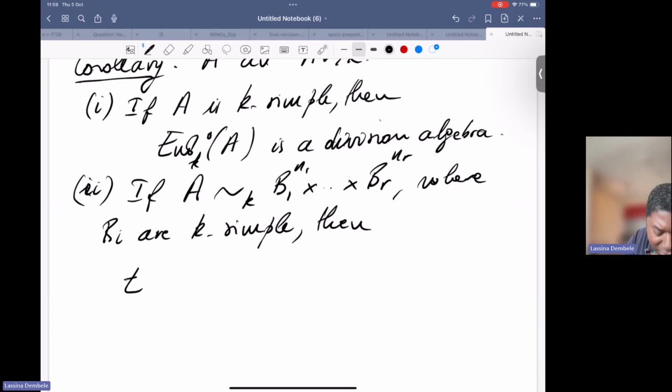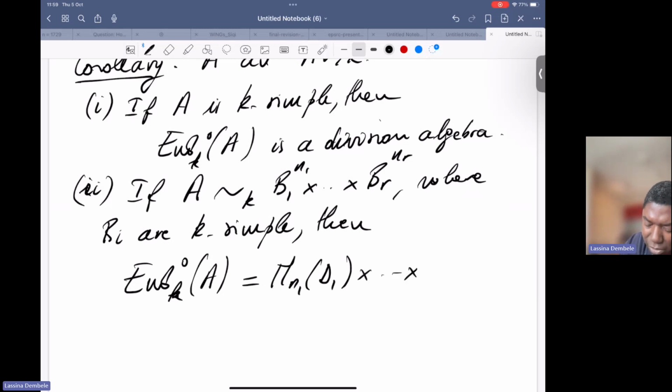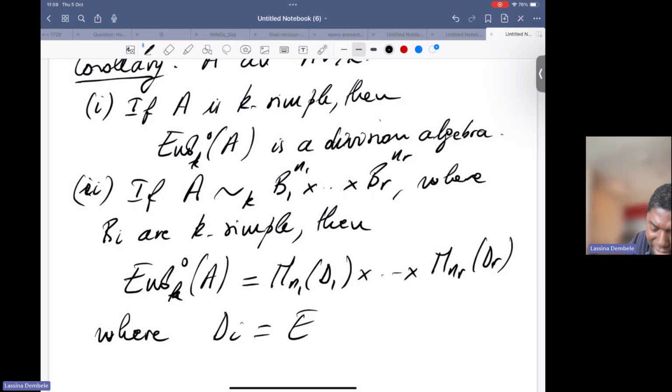if you look at the endomorphism ring of your abelian variety A, in that case, you would get that it's basically a product of matrix algebras over division algebras. So this would be M_N1(D1) cross up to M_NR(DR), where Di is the endomorphism ring of Bi.